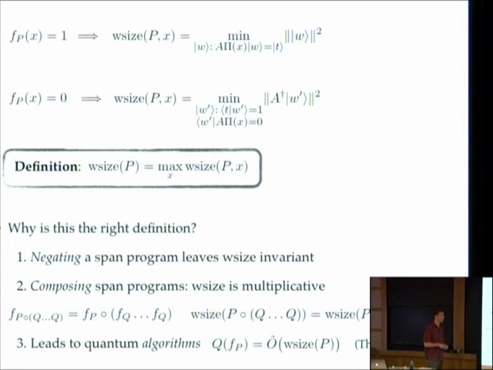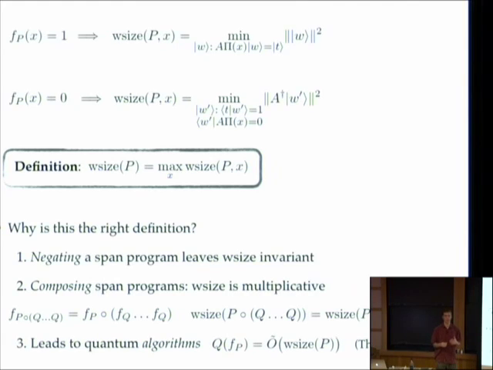First of all, as has been pointed out already, you can complement a span program, take its dual, to compute the negated function. And that leaves this definition invariant, at least if you use the right dual. There are different ways of doing it. The second reason why this is a nice definition is that you can compose span programs very easily.